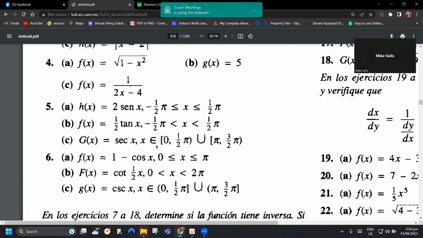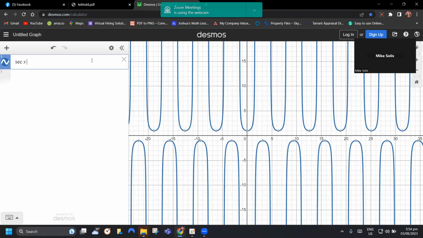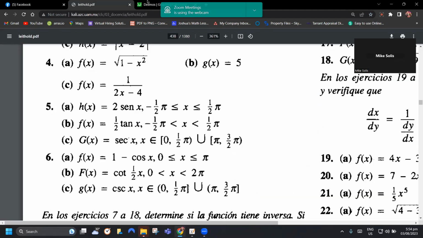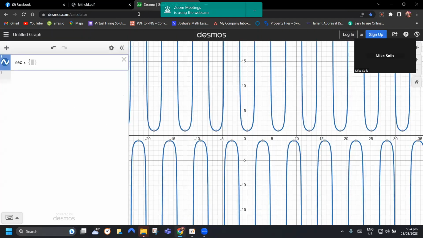Hindi, kailangan lagyan mo kasi may domain yan eh. So, secant of x between 0 and pi over 2. Meron bang union dito sa Desmos, or kailangan gumawa ng separate na graphs, tapos treat natin yung dalawang graphs na yun as 1. So, x is between 0 and pi over 2.